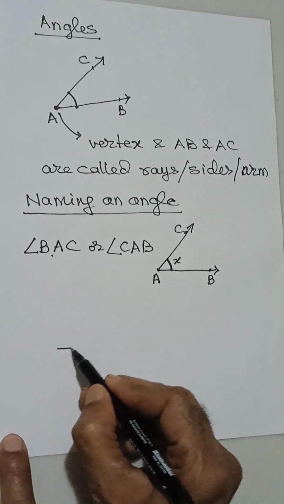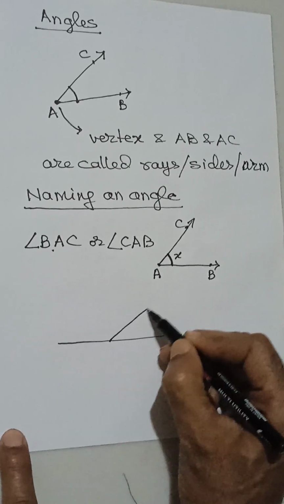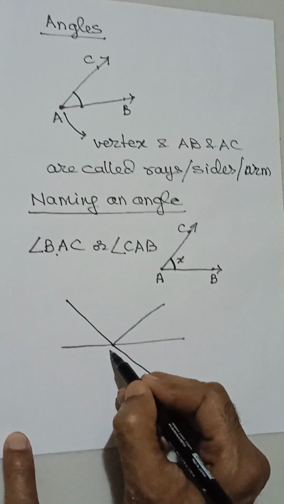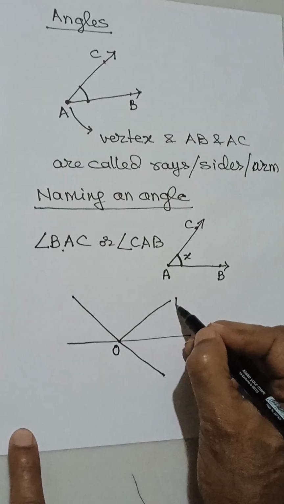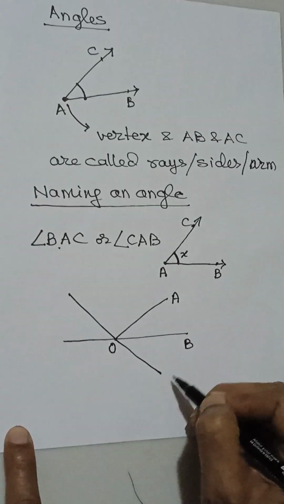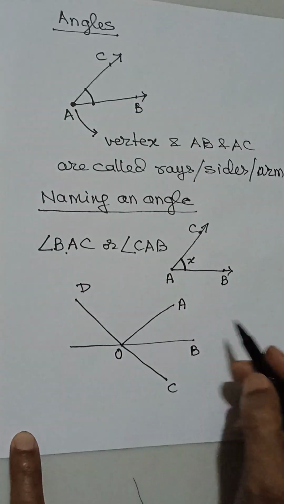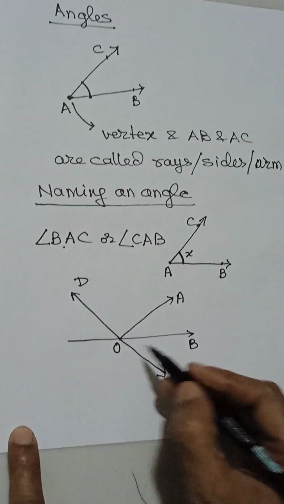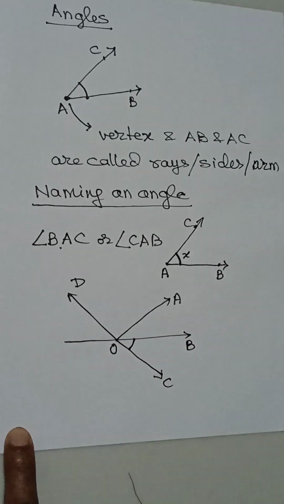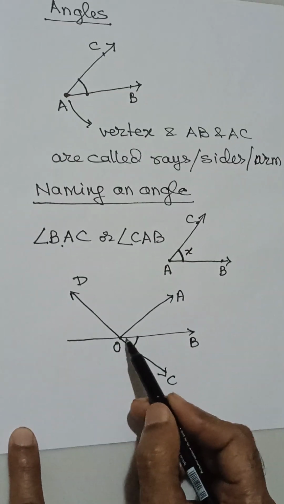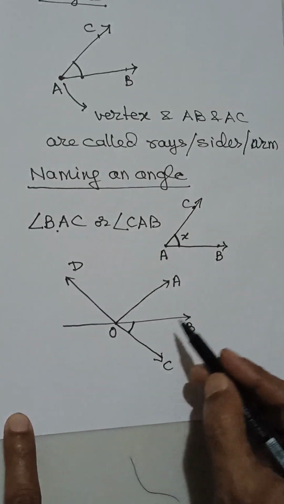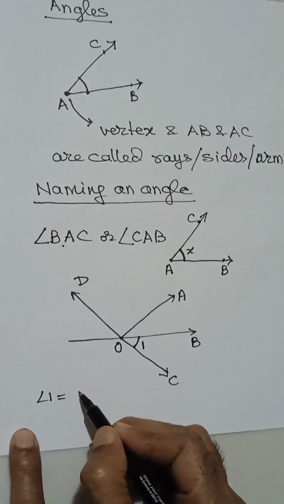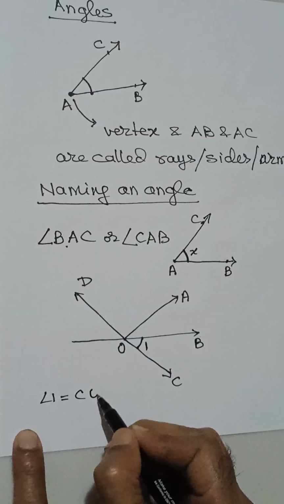Now suppose there are many angles. Here is the vertex O, here it is A, here it is B, here it is C, and here it is D. So how to name all the angles? So we will see one angle. Here, one angle is formed. Now this angle is formed by two arms, OB and OC. So we will name it angle 1 is equal to angle COB, vertex in the middle.